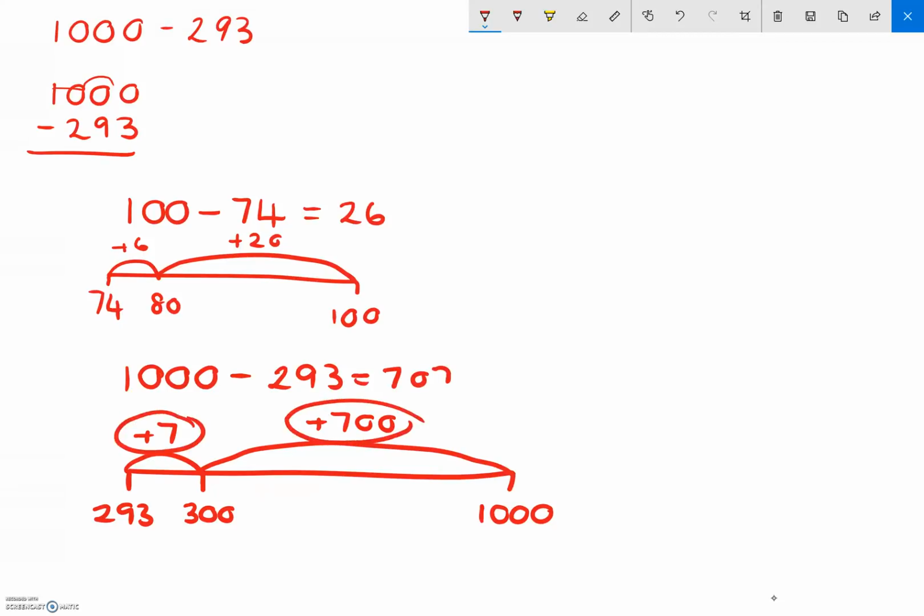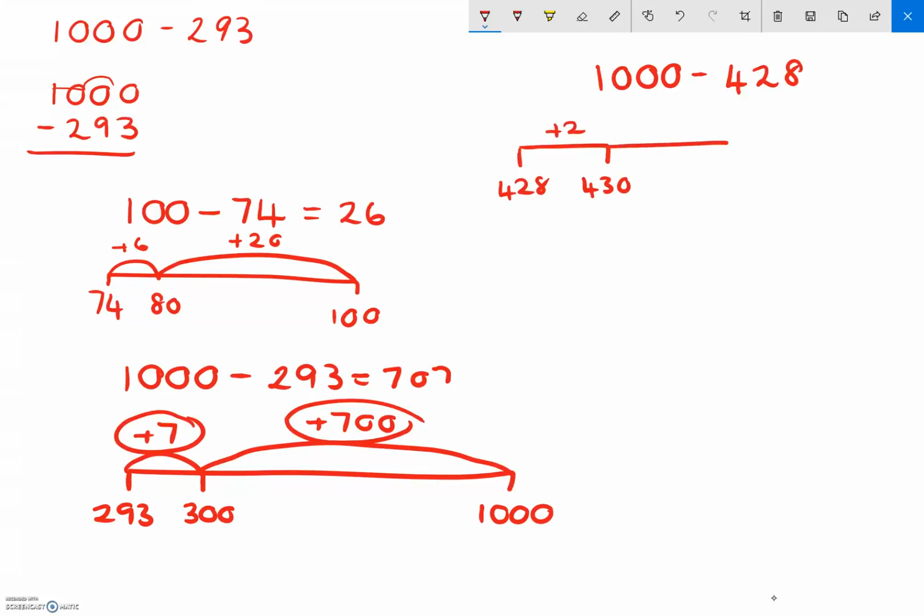That and that. If I had 1000 subtract 428, then I'm saying 428. My next tens number would be 430, so that's add 2.